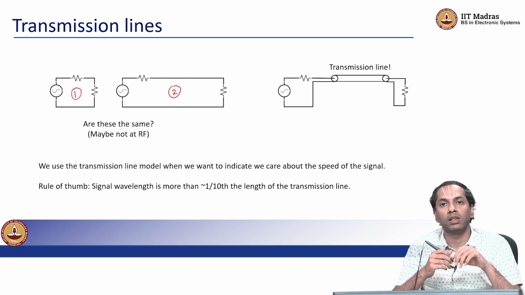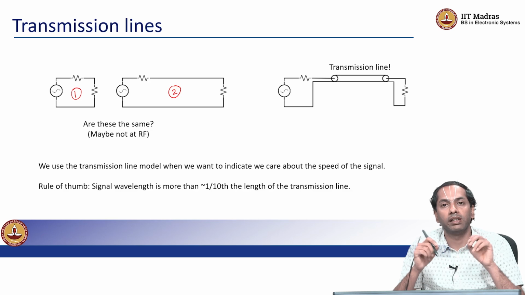So, this is what we mean by saying that the speed of light delay is no longer insignificant. We are looking at circuits where the dimension of the circuit is a significant fraction of something called the signal wavelength.